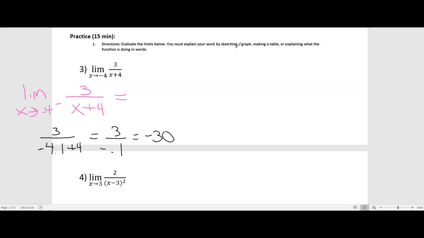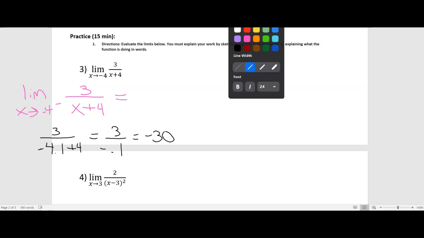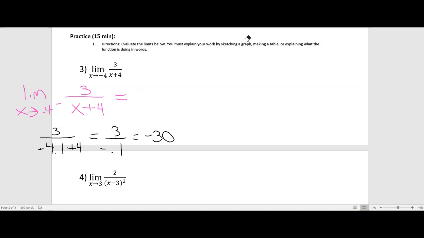Okay, and again, you're not saying that these two expressions are equal. That's why I don't have an equal sign right here. We're merely testing to see what the sign of the denominator is going to be. Okay, so if the numerator is positive and the denominator is negative, then the limit from the left-hand side is going to be going to -infinity.